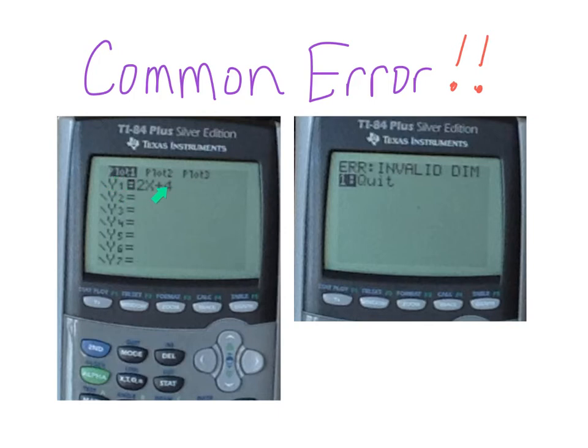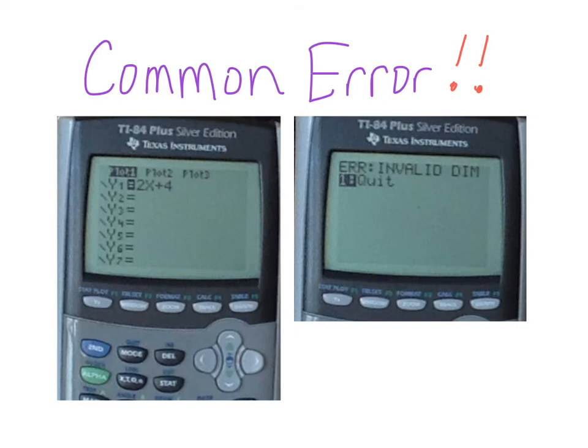If you ever put anything in and want to graph it while your plot is on and you get this error, all that's saying is you've asked me to graph with my plot on, but there's nothing in StatEdit to plot. So if you ever get an error, just go back and check and see if your plot has accidentally been turned on.